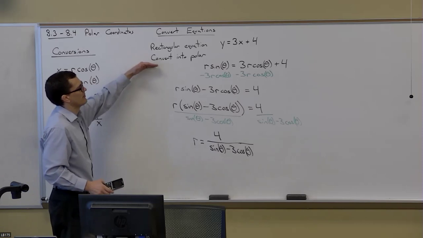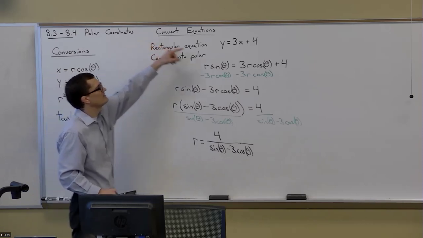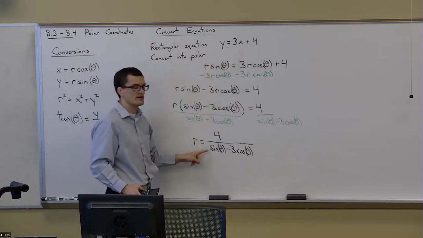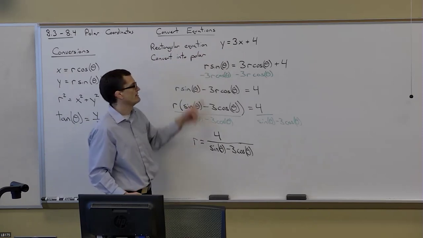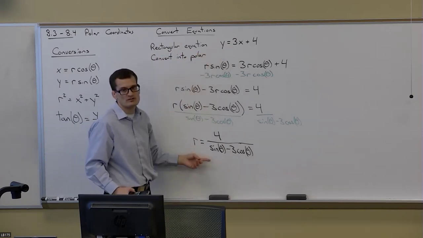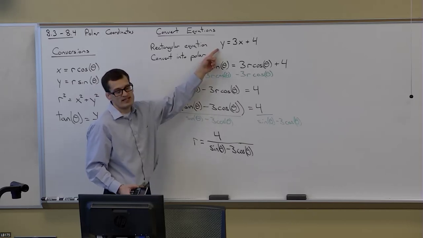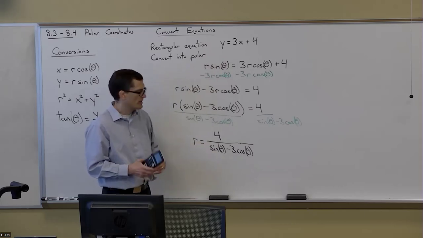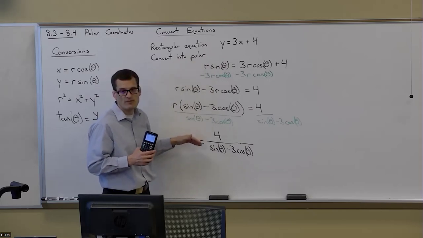So you might say, well, obviously in rectangular, this might be an easier equation to deal with compared to dealing with this in polar, right? And it probably is for most applications. This one is probably easier in rectangular than polar. But I do want to mention something about solving for r.